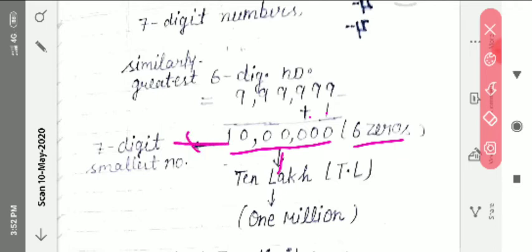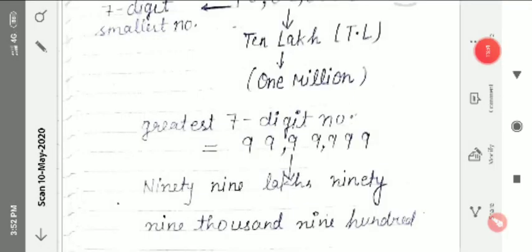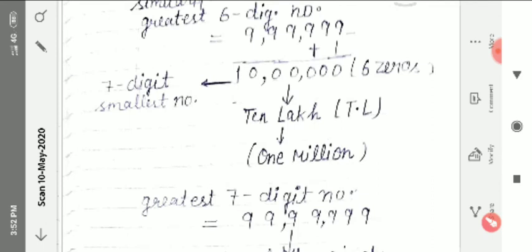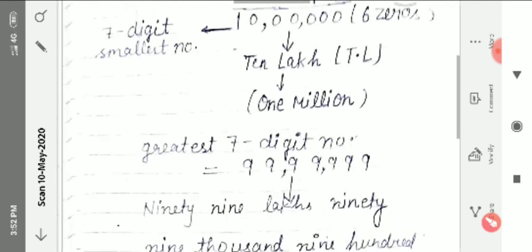The naming word of this 10 lakh, and in the place value chart I will show it as capital TL. According to the Indian place system we call it 10 lakh, but according to the international system we call it 1 million. Remember it. Okay, so the smallest 7-digit number is 10 lakh and then what will be the greatest 7-digit number?